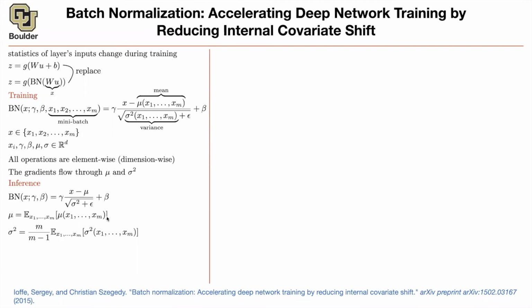No, that's why during training, you keep a running average of your mean and variance. And then during testing, you don't need X1 to XM anymore. You just take the last running average when we stopped training.